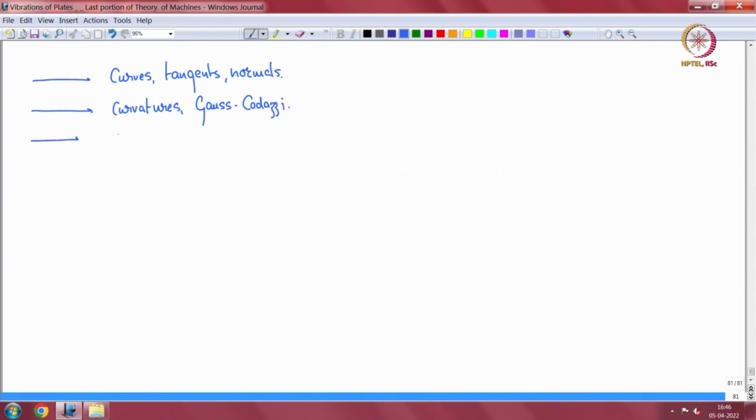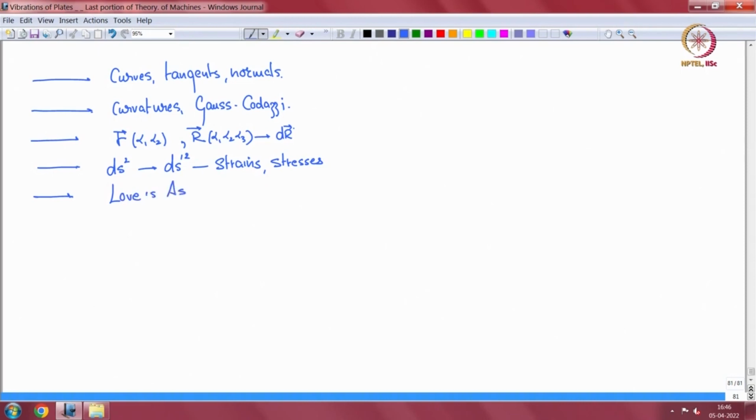Then we described a general point on a surface, and then a point within the material, alpha 1, alpha 2, alpha 3, and we found the differential undeformed length, and then the deformed length, and then the strains and stresses, and then Love's assumptions, and finally Hamilton's law.